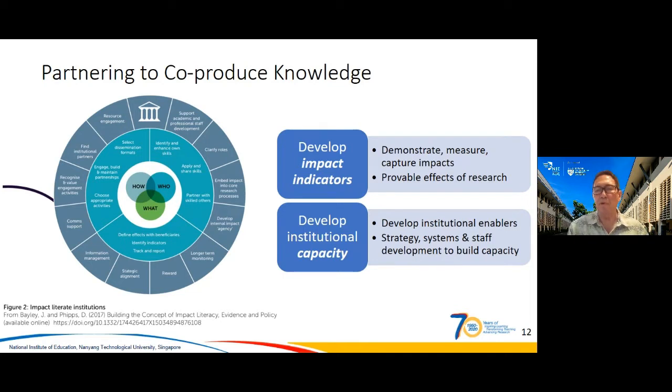So, working around curriculum, working around pedagogical strategies or assessment literacies, finding ways to really acknowledge and to capture some of that impact is going to be very important, I think. And so it's focused around staff development. And the diagram on the left is again from Bailey and Phipps, who've been fairly instrumental in our thinking around what it means to be an impact literate institution at NIE.